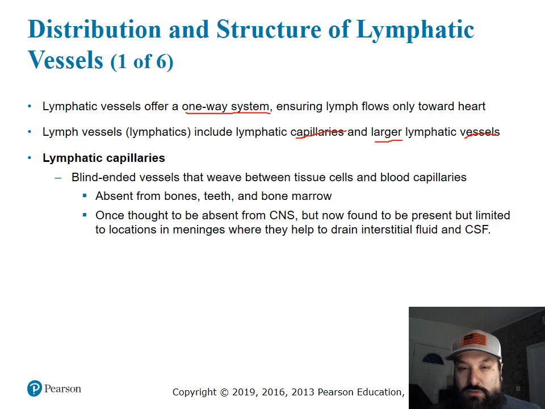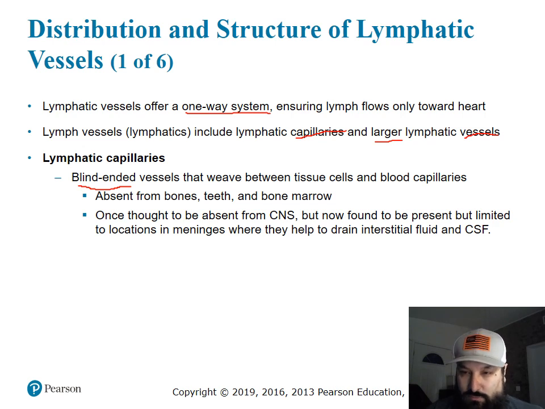We talk about the smallest lymph vessels being the lymphatic capillaries. So what are the lymphatic capillaries then? We use the term blind-ended to discuss the structure of the vessel at the very end, or you could argue at the very beginning, of these vessels.